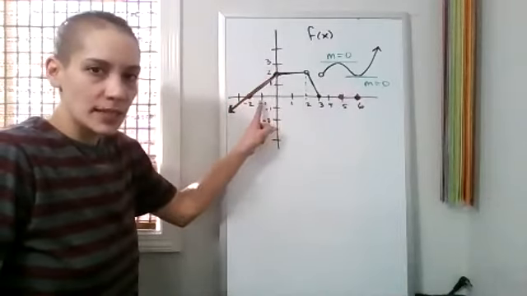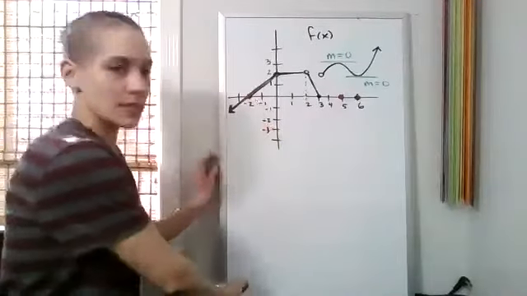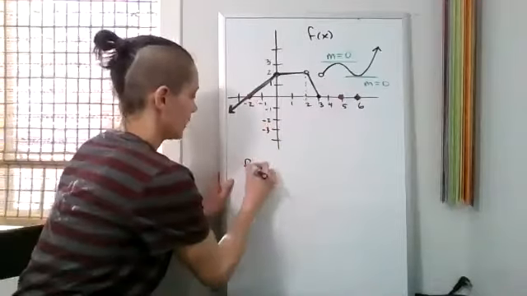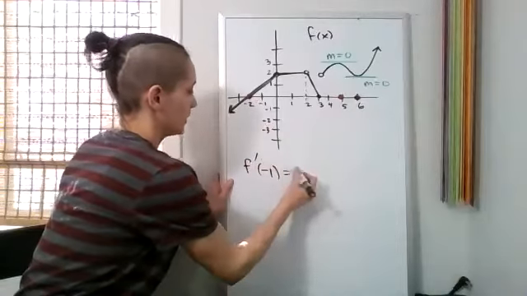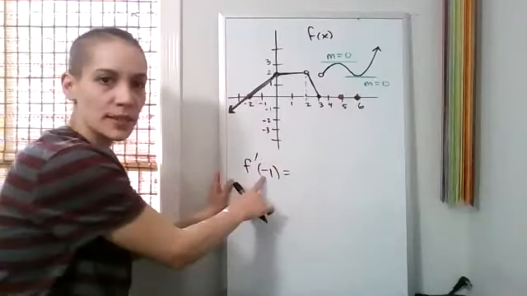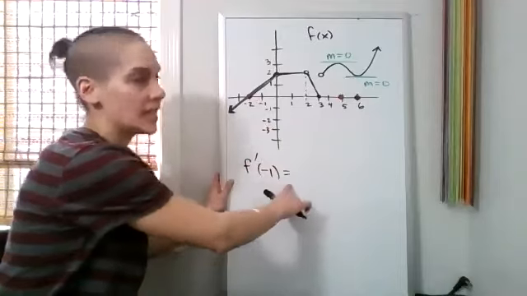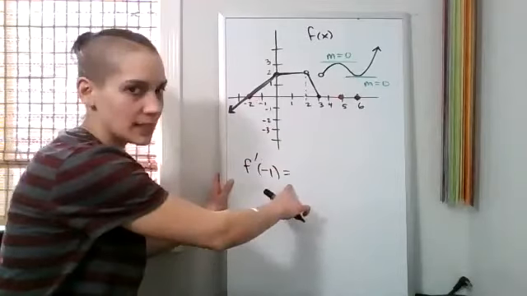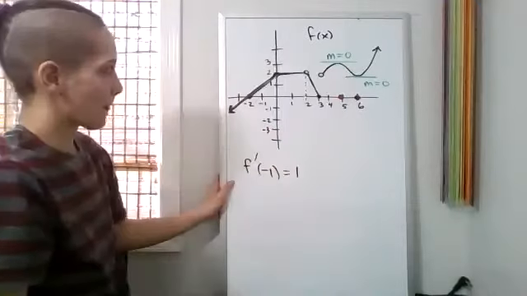So when x equals -1, f prime at -1 is 1.